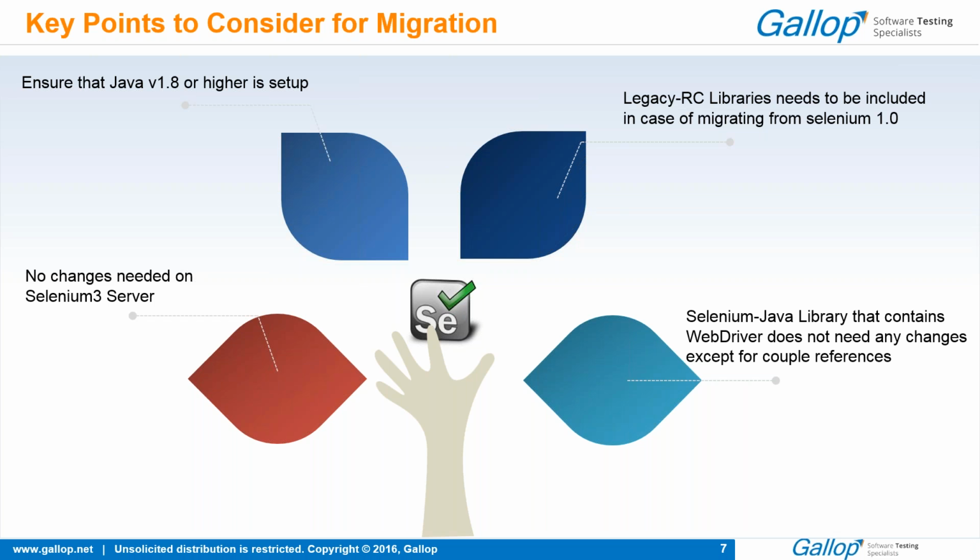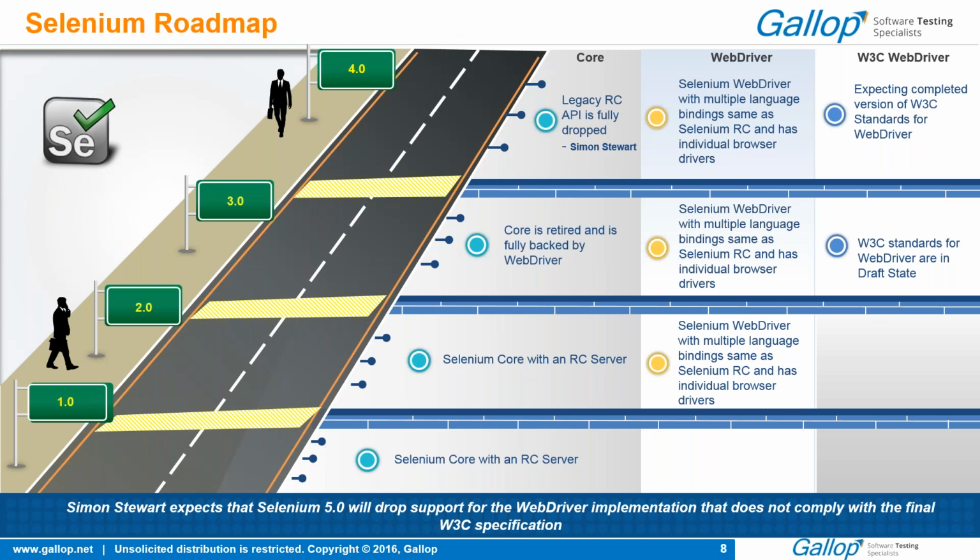Okay, so with these key points, let's again recap the Selenium roadmap and see how it changed from 1.0 to 2.0 and 3.0. In 1.0, as we have seen, there was only the Selenium core implementation, and the core was working using the JavaScript approach. We also had an RC server which communicates between the client libraries and the browser through a JavaScript injection model.